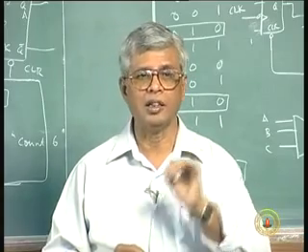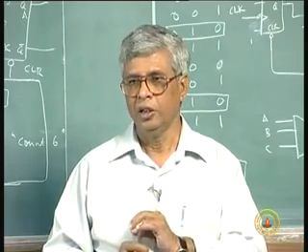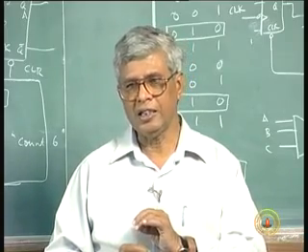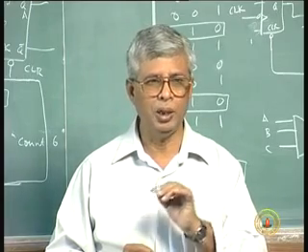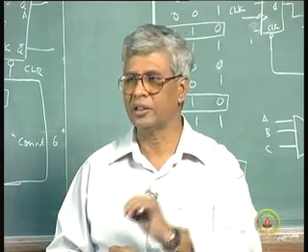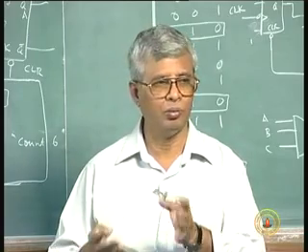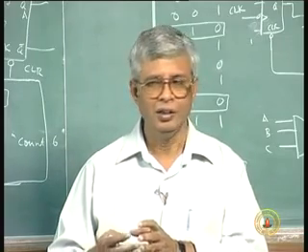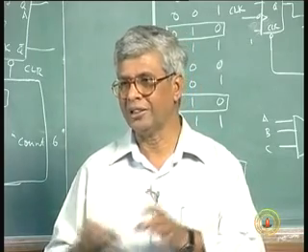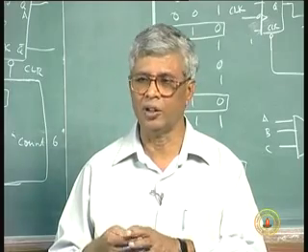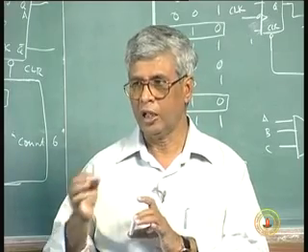It's called a crystal oscillator. It is generally easy to build crystals of very high frequencies. It's very difficult to get a crystal of 100 hertz or 10 kilohertz and things like that. Usually megahertz and several megahertz is the crystal frequency that is available with stable frequency.